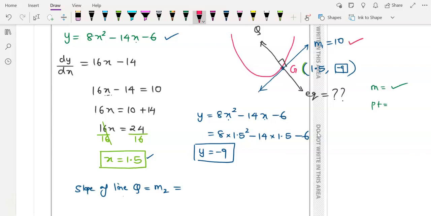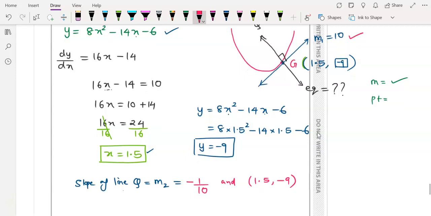Your M1 is 10, the opposite reciprocal will have a negative sign. You flip 10, it will be minus 1 upon 10. So the slope of line Q is negative 1 by 10, and it also passes through the point 1.5 comma minus 9. So we have a point and the slope. We need to find the equation of the line.